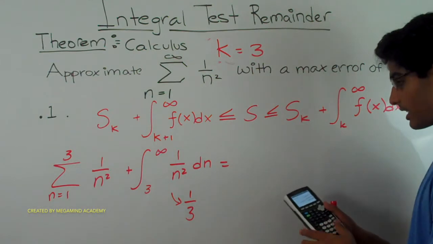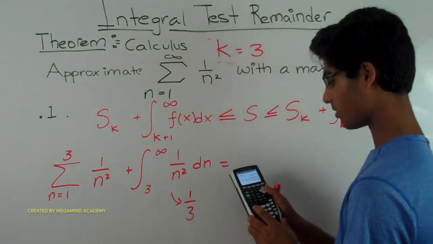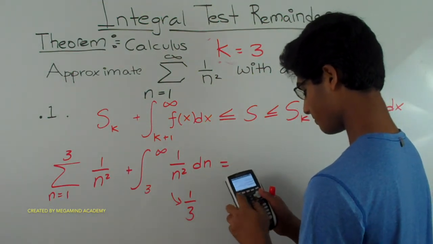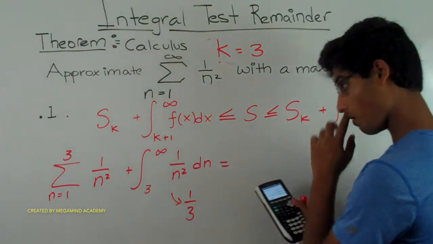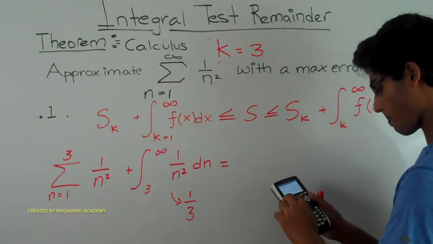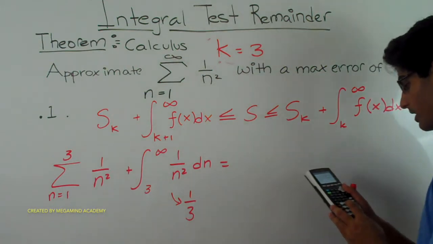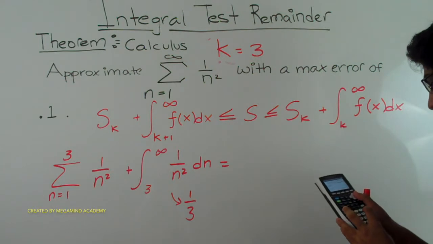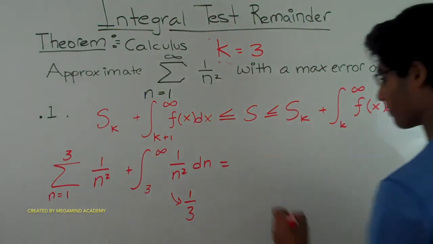So we have n is equal to 1 to 3 of 1 over n squared plus 1/3, and so this gives us a fraction. Let's convert that to a decimal. This gives us 1.694444.